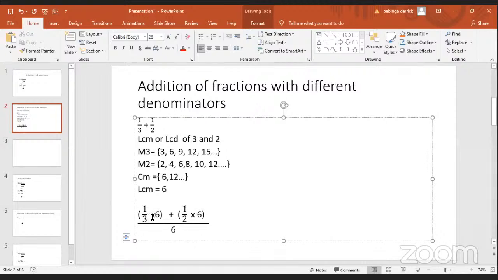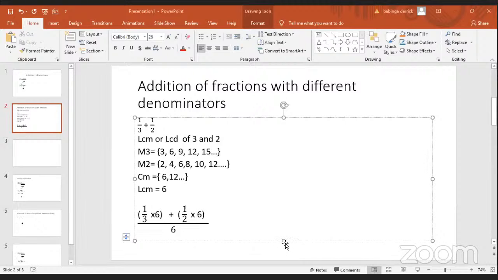You can guess the answer. Twice. So 3 goes into 6 2 times, yes? Then how many times does 2 go into 6? 3 times, good.